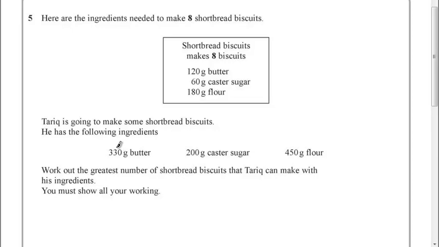So one of these is going to be a limiting factor, aren't they? One of these is going to decide the maximum that it can make, because we've got this recipe. And I think the best way to do that, there's a number of ways, is I'm going to work out 3 fractions.